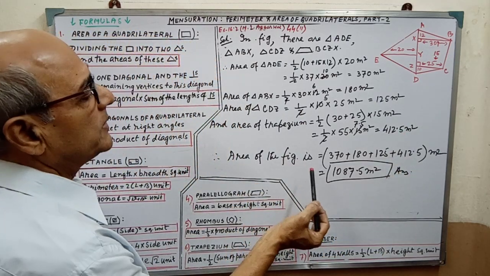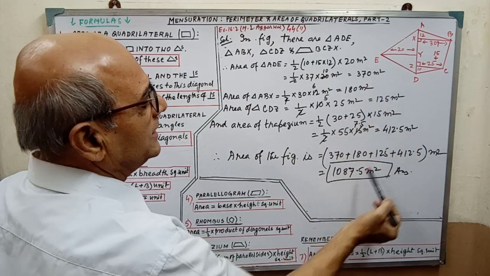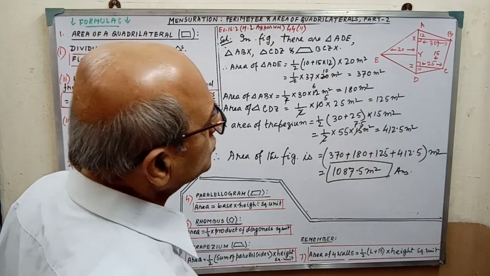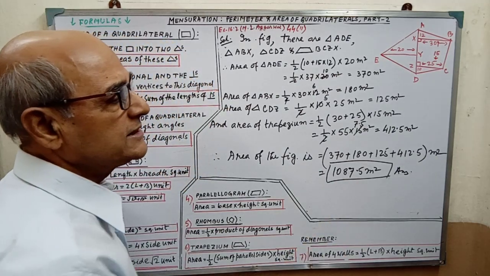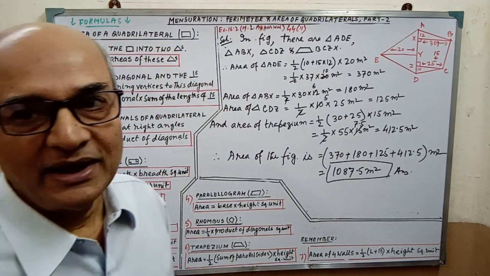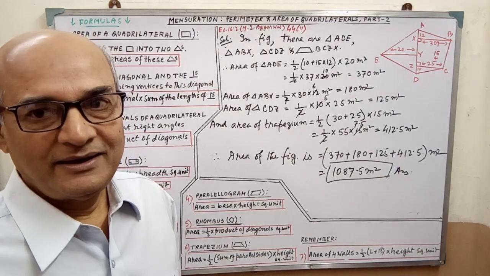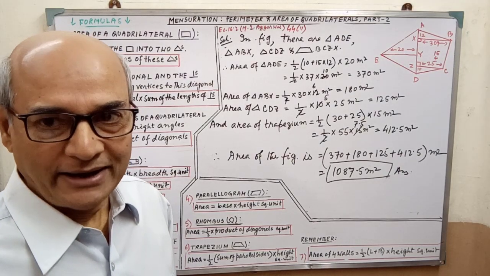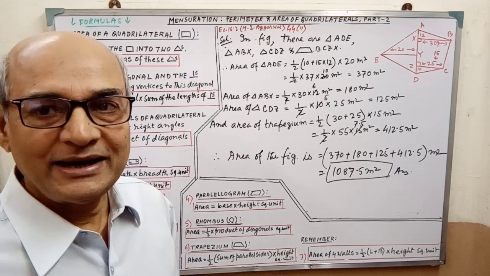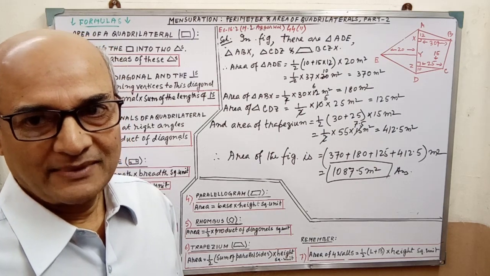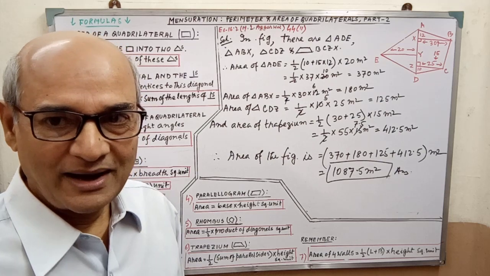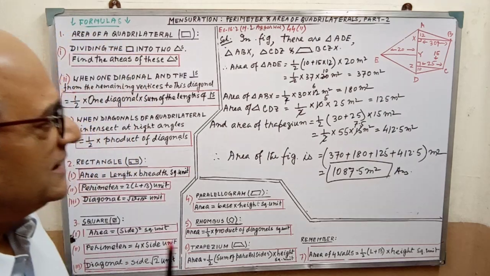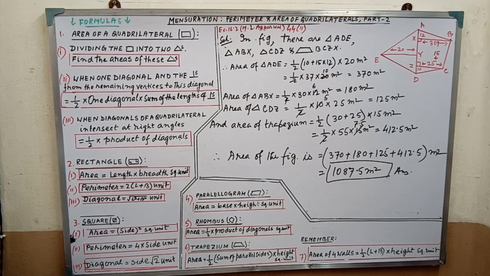Then the area of the figure, by adding all the areas we are getting 1087.5 meters square. This is the area of the figure. If you notice the figure attentively, then easily you will understand. And you have to remember the formula also. I think it is clear. Please see the solution clearly.